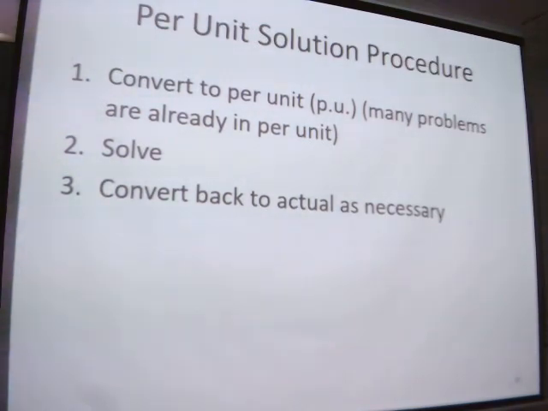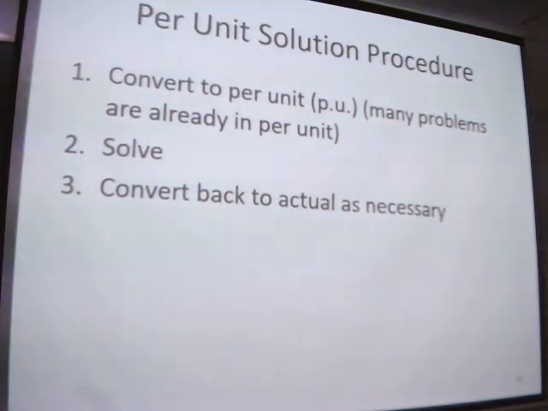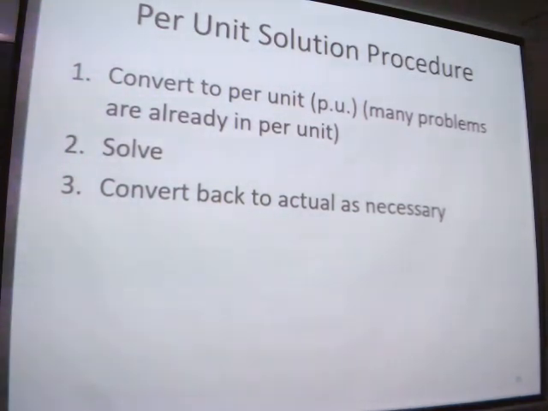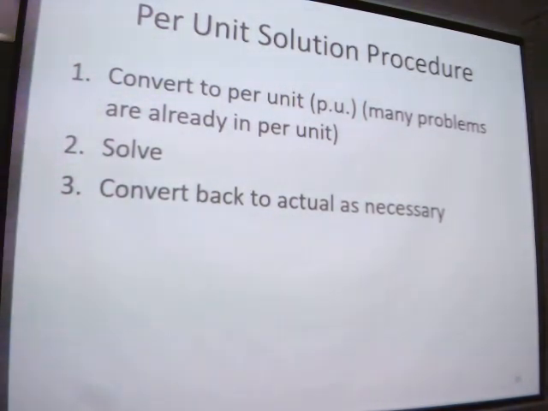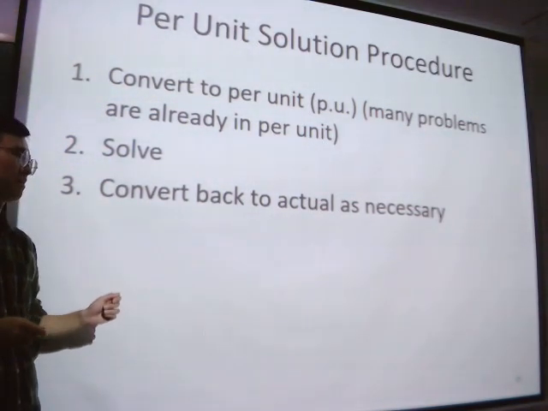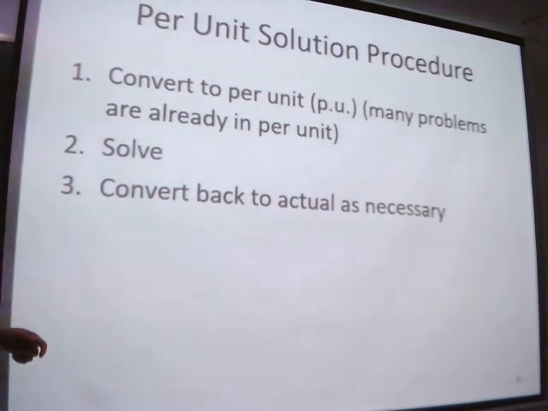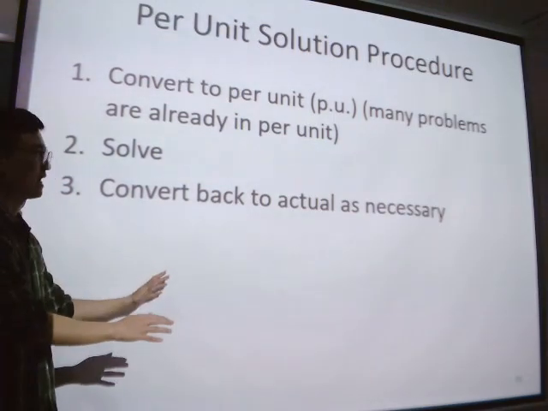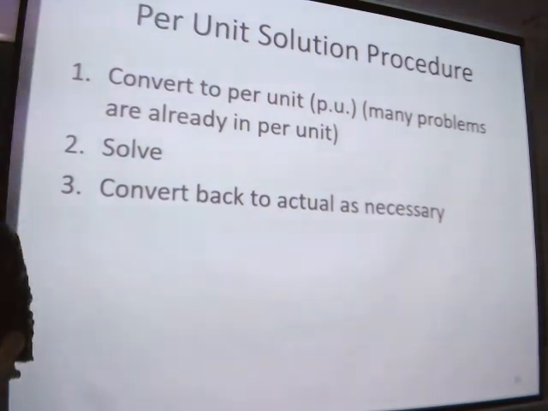So that's the procedure. The first thing is that we convert all the actual quantities to the per unit, and we solve the problem, and then we get the answers, and we transfer them back to the actual values.